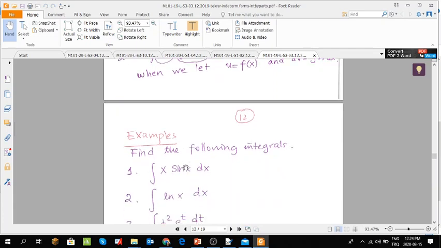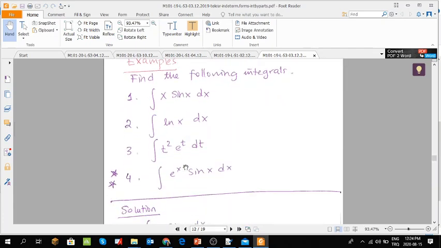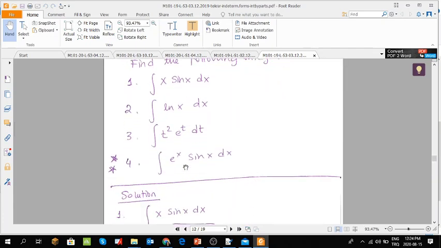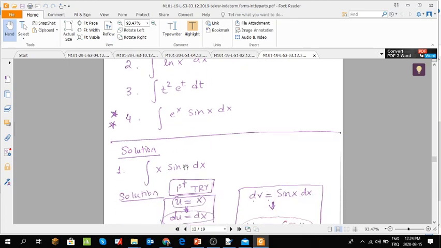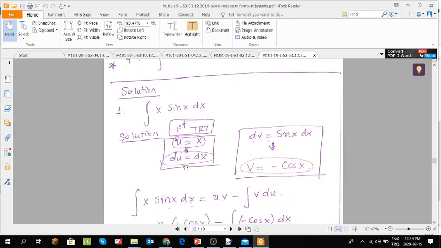So there are 4 questions here. We are going to go through them, and I'm going to do them one by one. The integral of x sine x. The key here is choosing u and v properly. I want to choose u first, and I say it's a first try because I might be wrong.